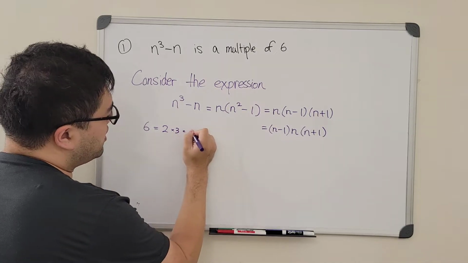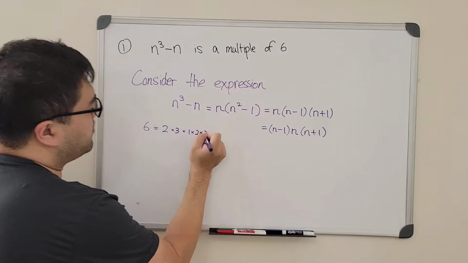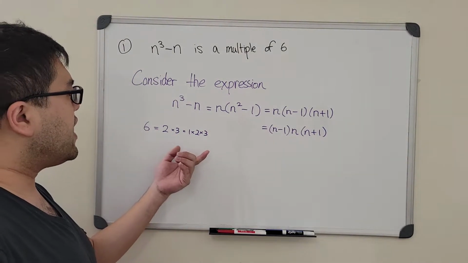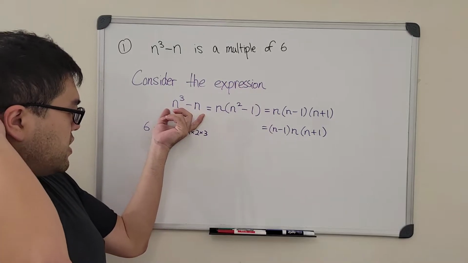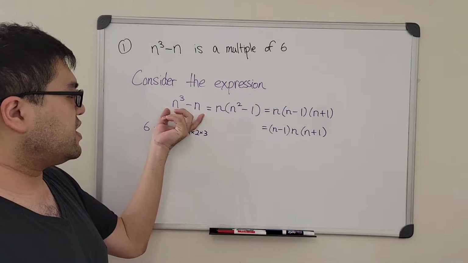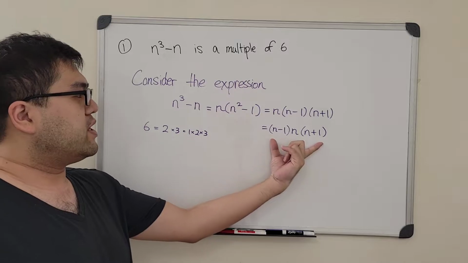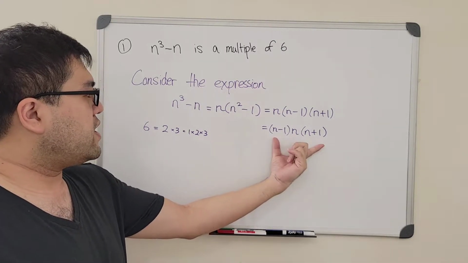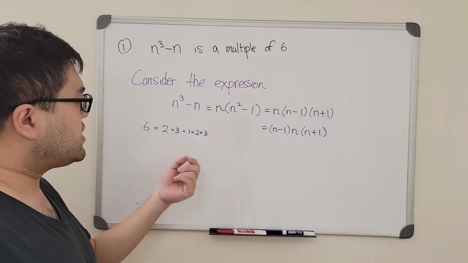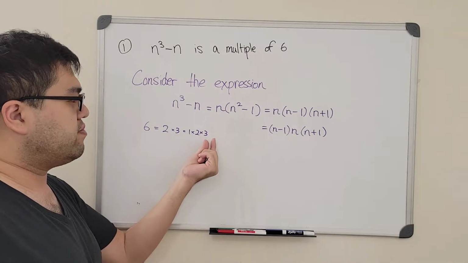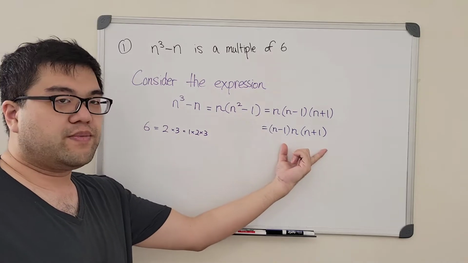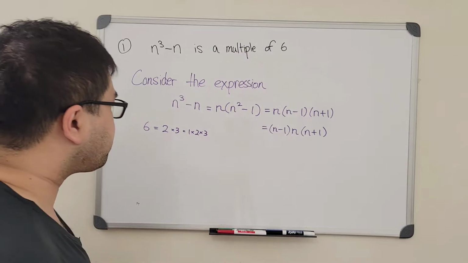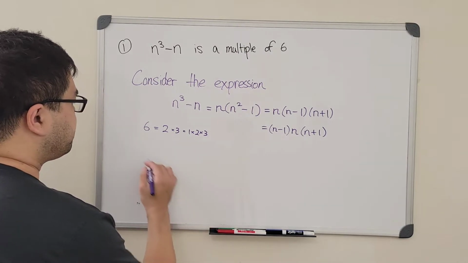Or in fact, we can write it as 1 times 2 times 3, where the 1 doesn't really matter. Now, we want to show that this expression, n cubed minus n, which can be written in the following form, is a multiple of 6. Then, in other words, we want to show that it has to be a multiple of 2 and a multiple of 3 at the same time, so that it will be a multiple of 6. This is what we can do.